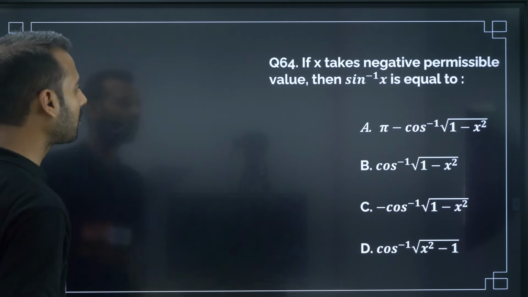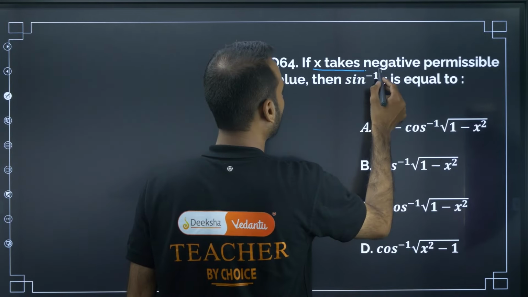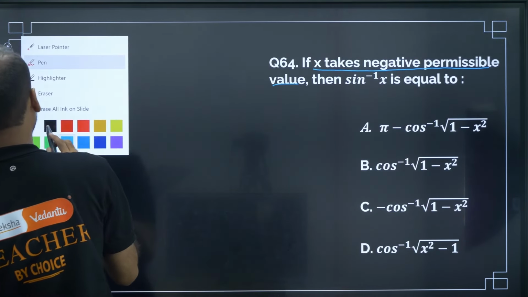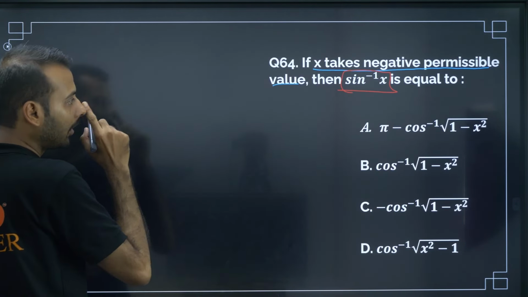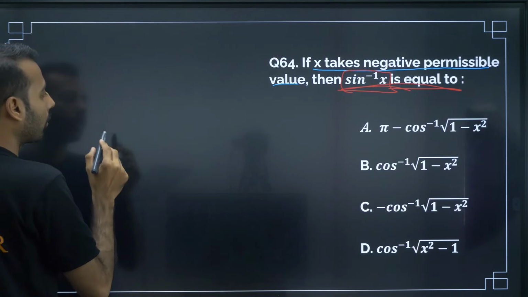Moving on to the next question. If x takes negative permissible values, then what are they asking? Then sine inverse x is equal to what? What is the value of sine inverse? So how to approach this?